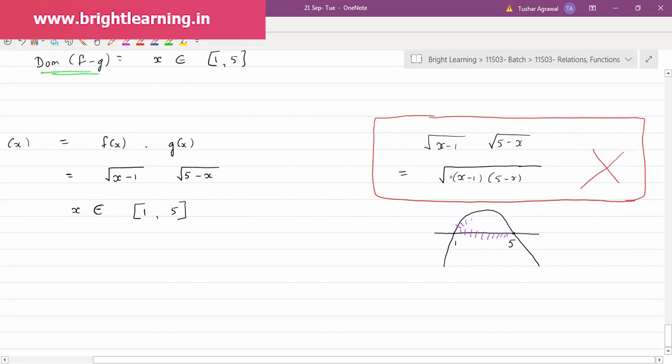This equality is true only under certain conditions. What are those conditions? Why is it not true always? That we will see in the chapter on complex numbers. In the next class we will start with complex numbers. Write it in the margin or in some column. In complex numbers we will see when this condition is true and when it is not true. Okay.